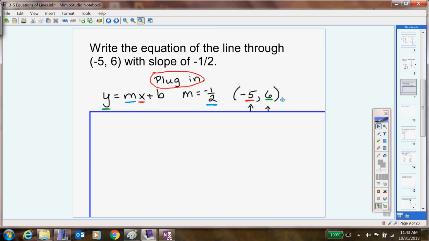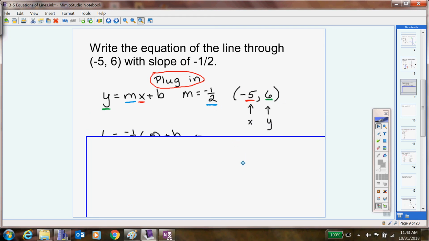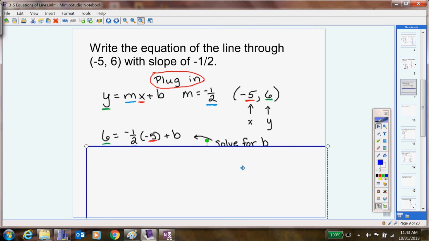Our x is -5, our y is 6. Got them color-coded so that they can come in there nicely like that. So we've got our numbers, we plug them in, 6, -0.5, and -5. And then we need to solve it for b. So we multiply. -5 times -0.5 is how much?